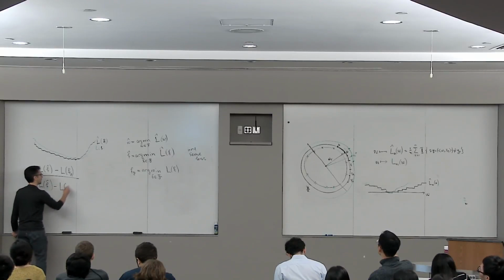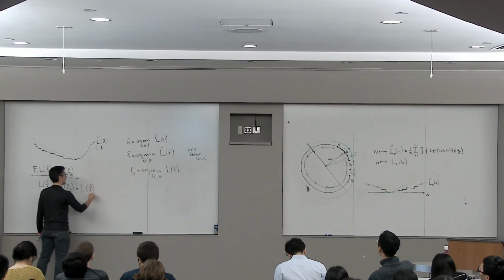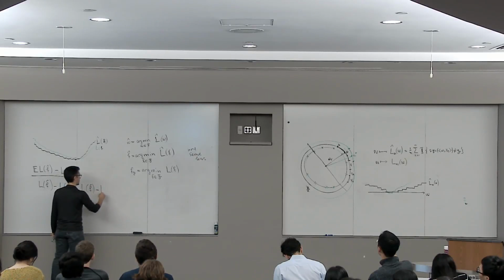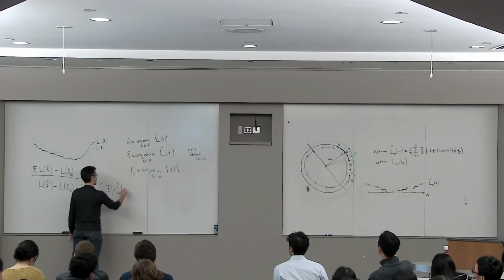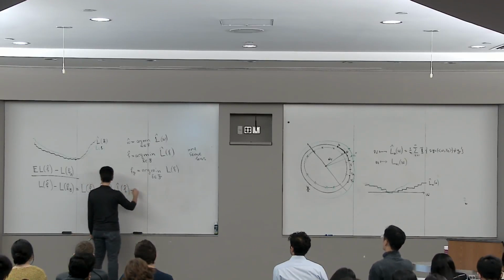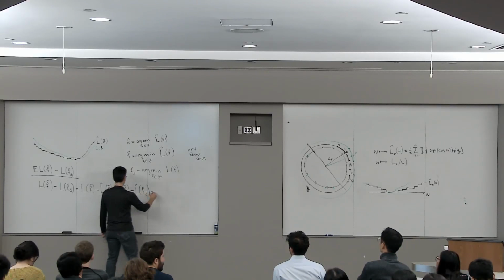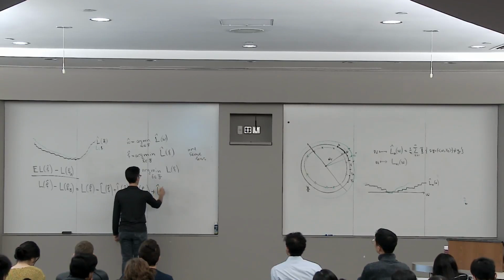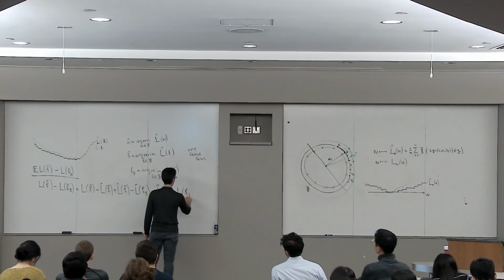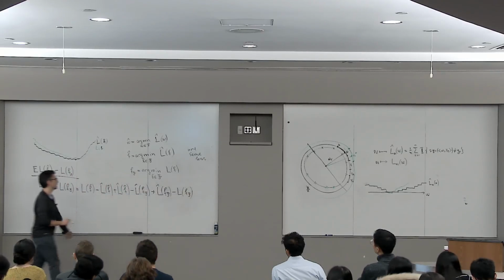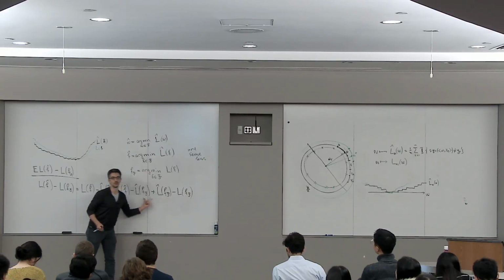I'm going to write this as L of f hat minus L hat of f hat plus L hat of f hat minus L hat of f, plus L hat of f minus L of f. I haven't changed it. This is equality. I just added and subtracted this term, and I added and subtracted this term.